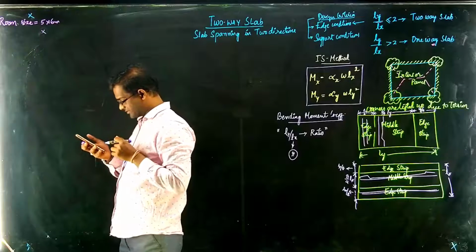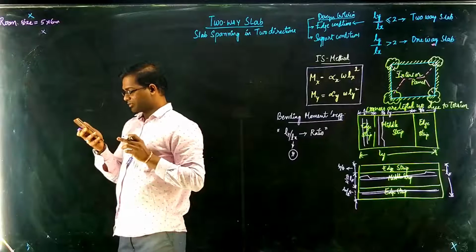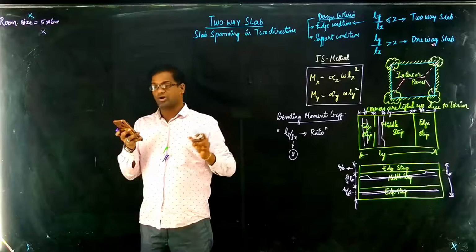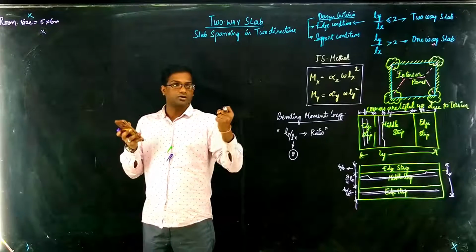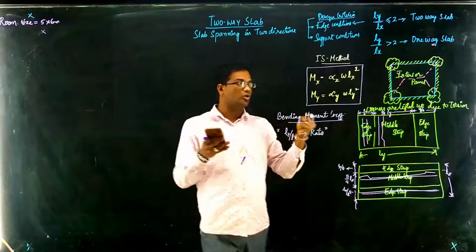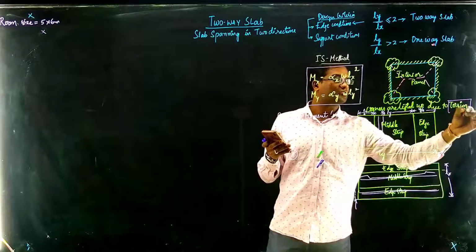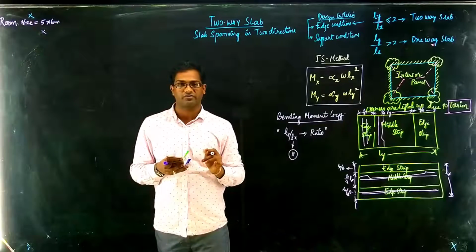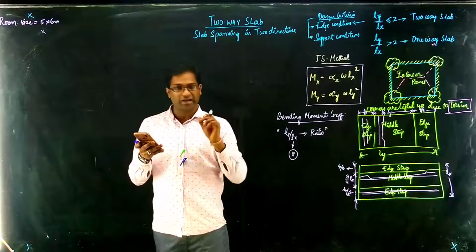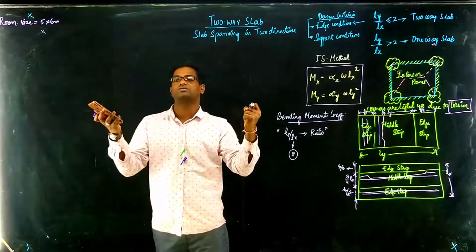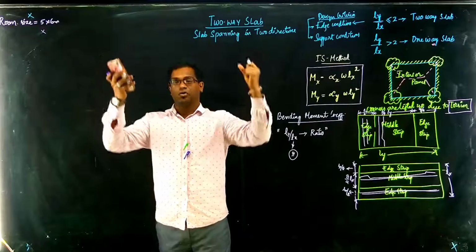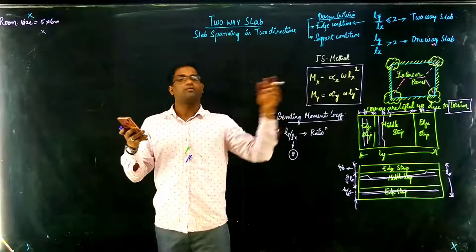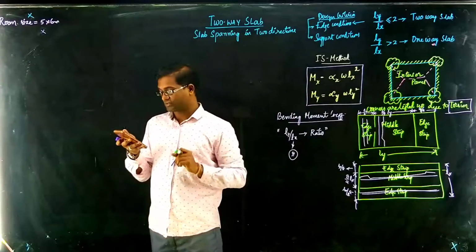The room size is 5 by 6. The slab is simply supported on all 4 edges, where corners are held down. If you are saying that corners are held down, then you need to calculate the torsional reinforcement. If corners are not held down, then you need not calculate the torsional reinforcement. If you are holding the corners down so they do not get lifted up, the only way is to provide this torsional reinforcement. You need to calculate torsional reinforcement for this problem.